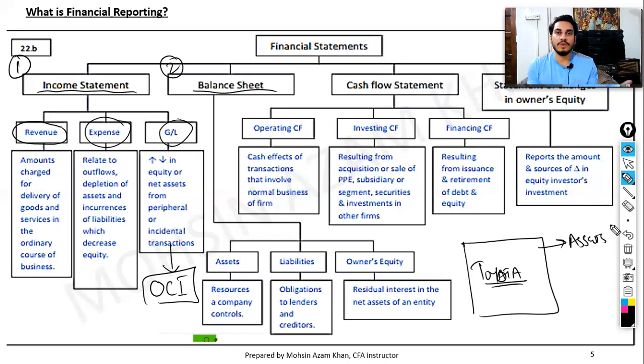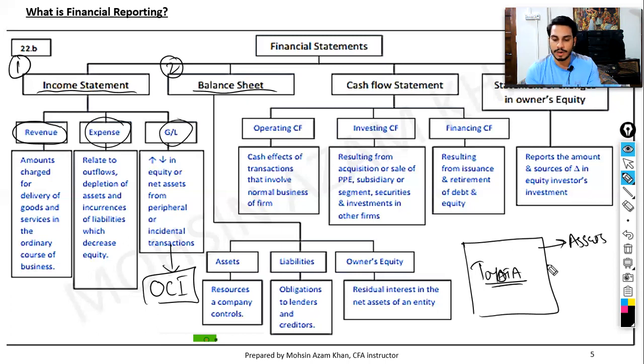Now, where do we reflect those assets? We reflect them in the balance sheet. In order to buy those assets, Toyota needs to finance either through their owners, that is equity, or through debt, by raising debt. So they also need to have equity and debt. Where do they report that? In the balance sheet. So what things are reported in the balance sheet?